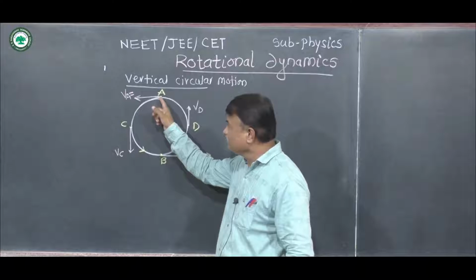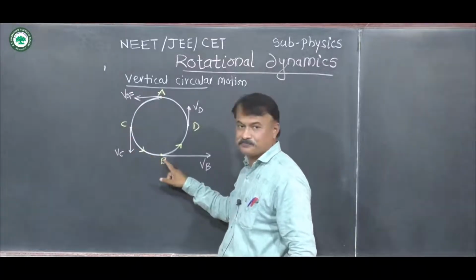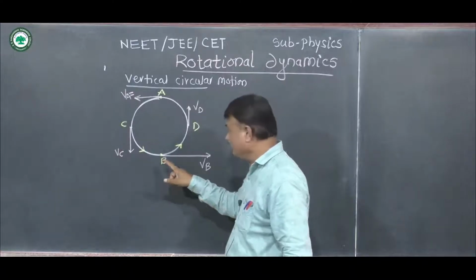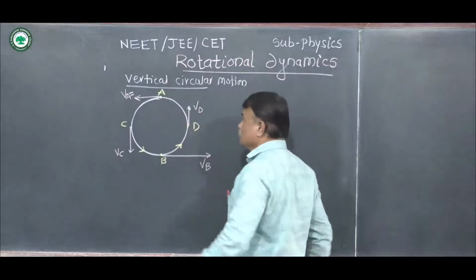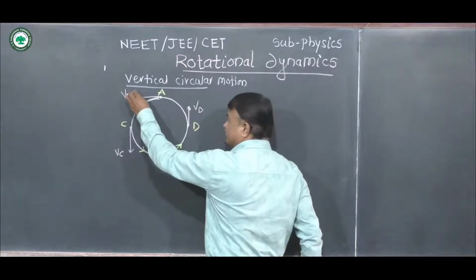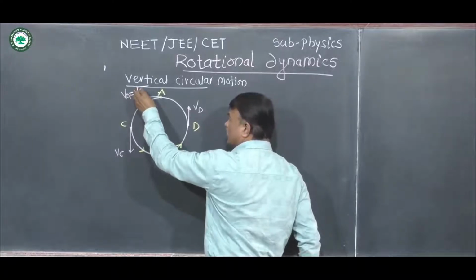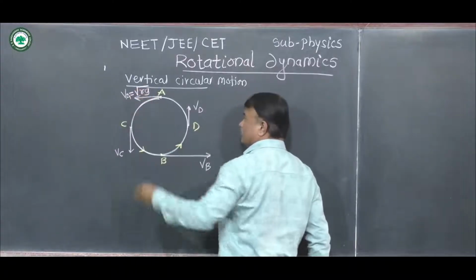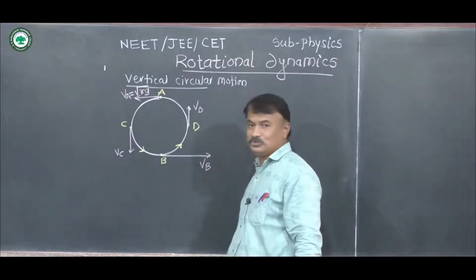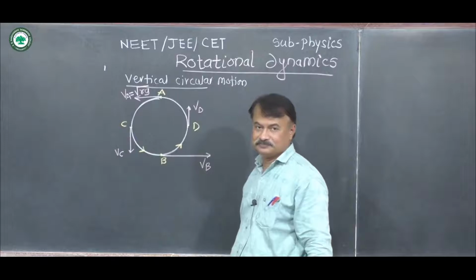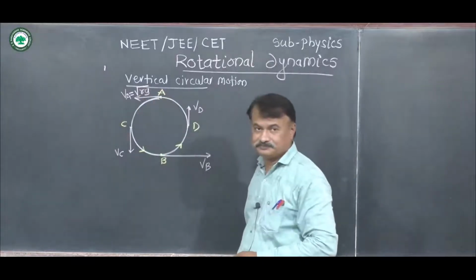Its magnitude goes on increasing when it is moving from A to B, and again it goes on decreasing from B to A. So at point A, velocity is under root RG, where R is the radius of the circle, G is acceleration due to gravity. Remember this velocity. It is under root 1 RG.